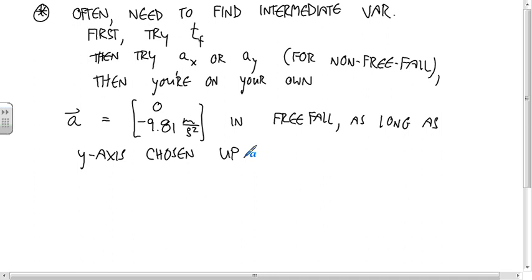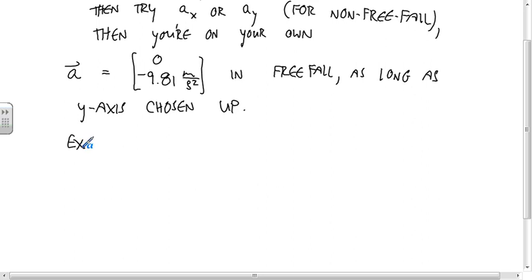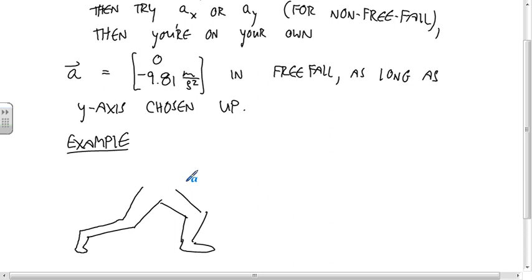Okay, let's go through a problem. So let's say that this is supposed to be like a pitcher.